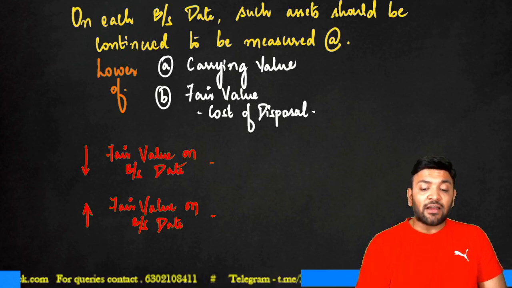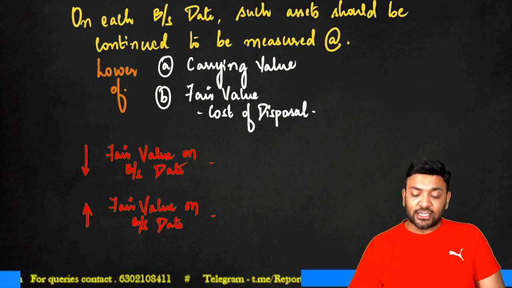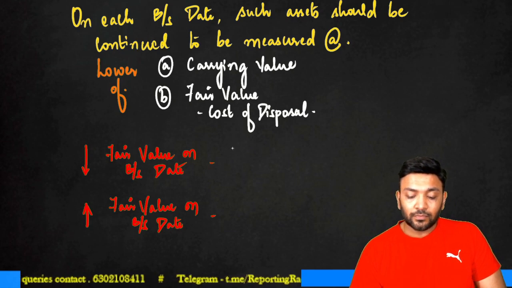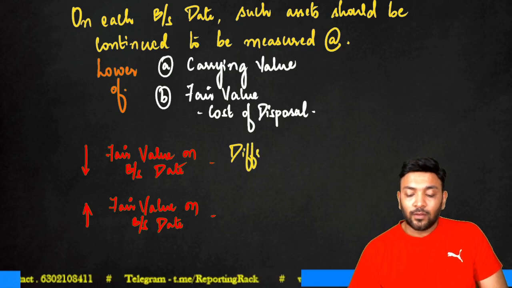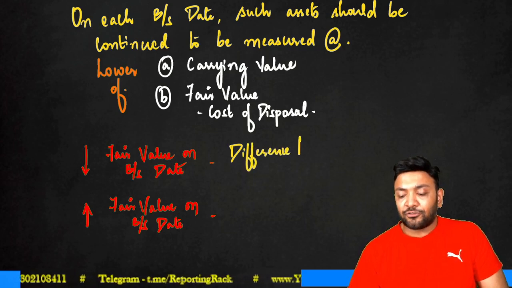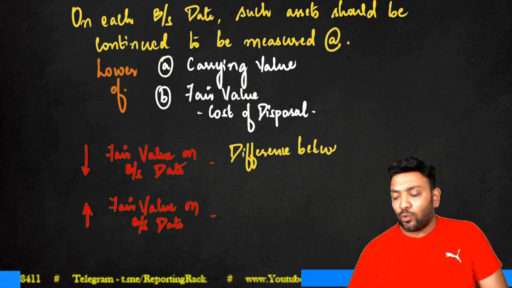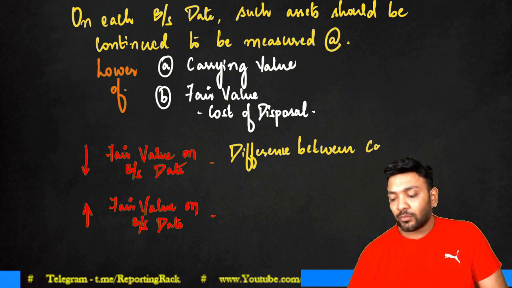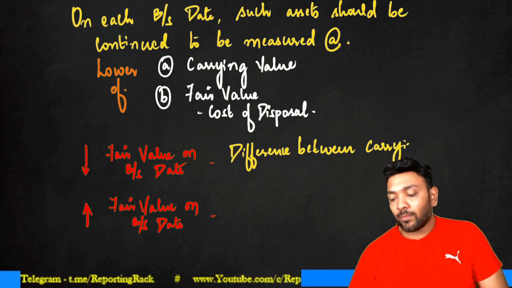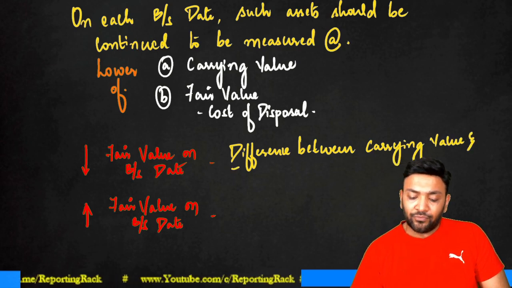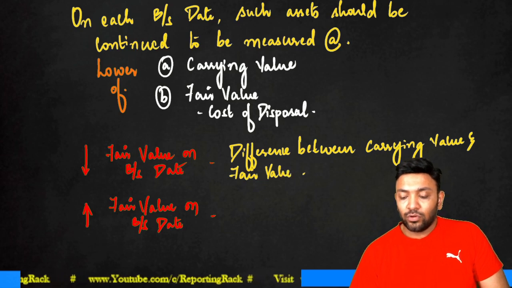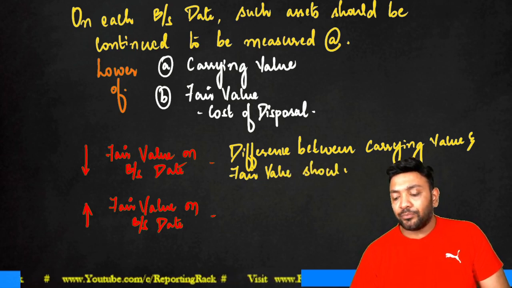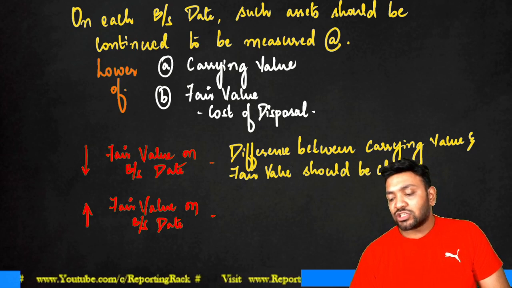If there's a fall in fair value on balance sheet date, then in such situation, the difference between carrying value and fair value should be charged to P&L.